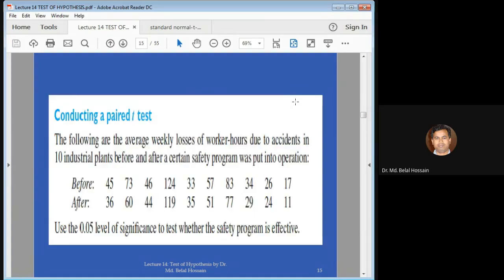So you have to contextualize the problem. After doing that test of hypothesis, you have to make decisions based on your exact problem. If you don't write that exact decision, 2 marks will be deducted. So to answer correctly, you have to make decisions carefully: after conducting the test, say whether your null hypothesis can be rejected or accepted, then contextualize it with this individual problem.